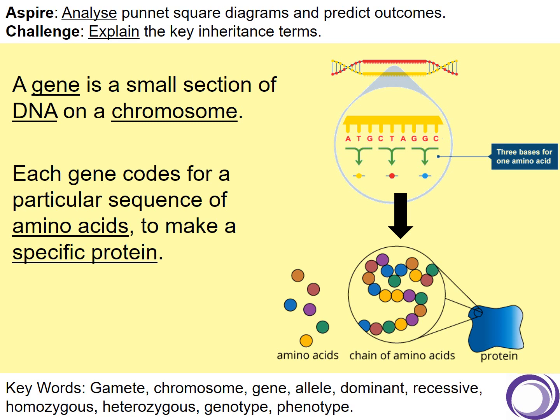Then it's been enlarged so you can see these letters, which are actually bases. 3 bases together make up an amino acid. You don't need to worry too much about the base letters unless you're doing triple science. But then if you enlarge that again, you can see these chains of amino acids which actually combine together in a specific sequence to make up a protein.